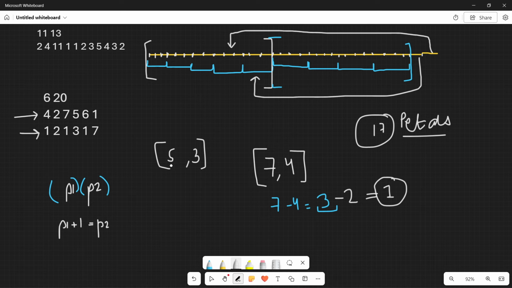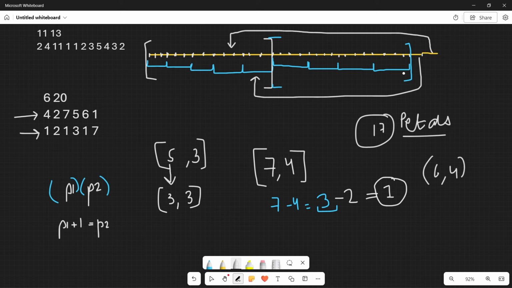Initially you are having 5 flowers of size 3, but these 2 flowers have now become size 4. So now you are not utilizing 5 flowers of size 3. Now you are utilizing only 3 flowers of size 3. The rest, you are utilizing 6 flowers of size 4. So this is your final count.